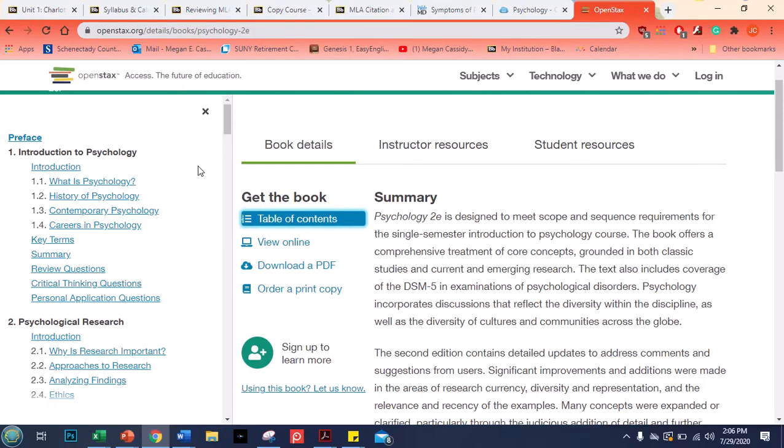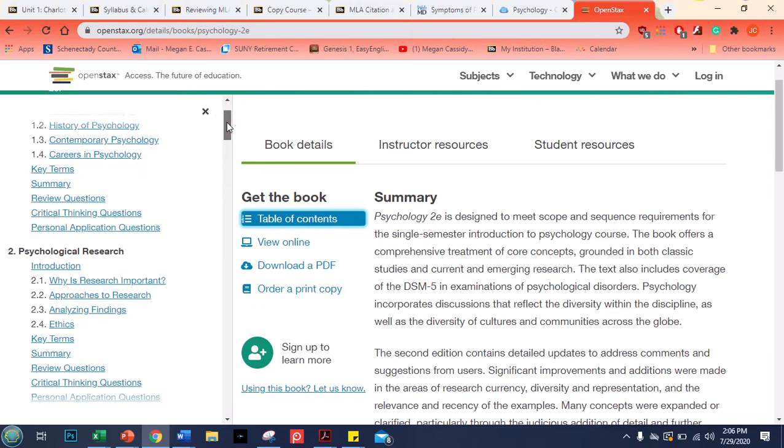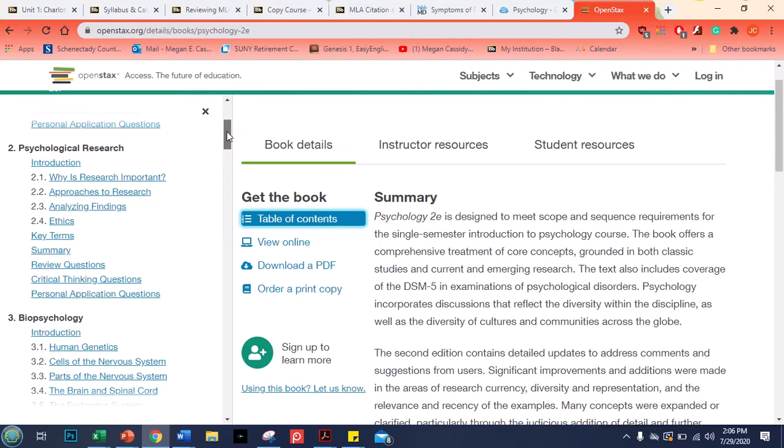Okay, so this is an open source textbook online. OER stands for Open Educational Resources. It's basically a textbook that is free to the public. So, let's say that my instructor has assigned me chapter 2.